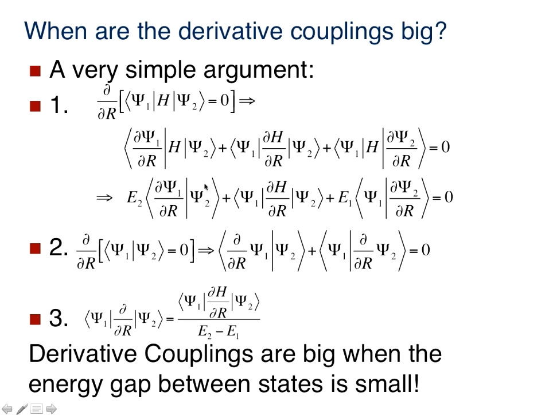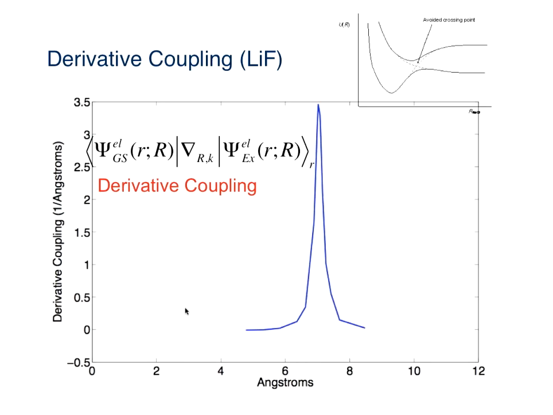There's a nice formula which I actually derive over here, which I'm not going to go through here, that tells you when this matrix element is big. And this is sometimes known, I believe, as the hypervirial theorem. I forget what it's called. The key thing to notice is that these matrix elements are huge when the energy gap between states is small.